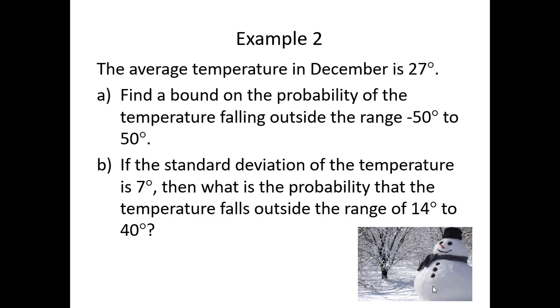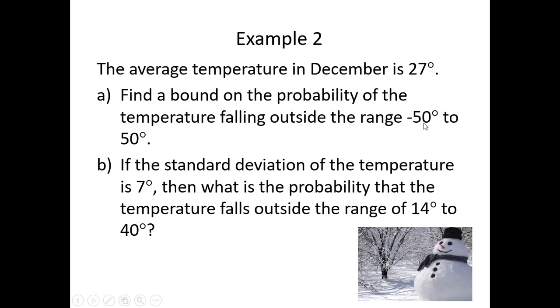In example 2, okay, the logic of the solution is going to be somewhat similar. Well, let's say the average temperature in December is a nice, bitter cold 27 degrees. So we can imagine all sorts of snow outside, maybe even a snowman. In part A, we want to find a bound on the probability of the temperature falling outside the range of minus 50 to 50.